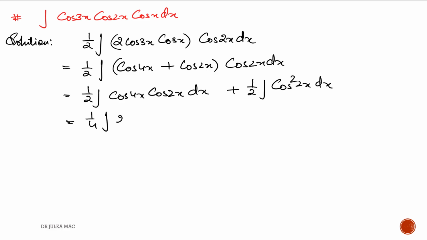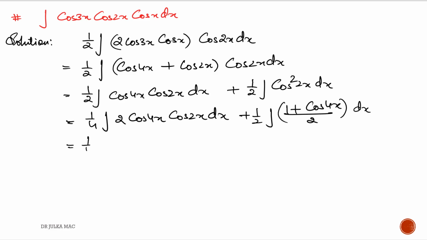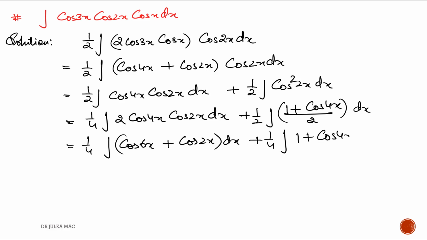In the first part, we will divide by 2 and multiply by 2. In the second part, we will put the formula of cos square 2x, which is (1 plus cos 4x) upon 2. Now in the first part, when we use the formula of cos A cos B, it is cos 6x plus cos 2x. And after simplification, we will get 1 by 4.